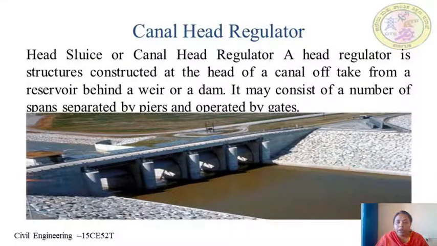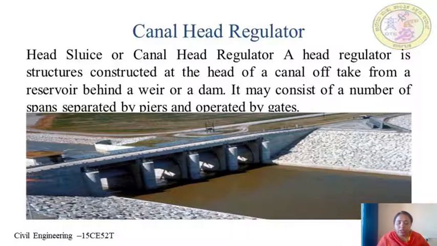A head regulator is nothing but a structure which is constructed at the head of the canal, offtake from a reservoir behind a weir or a dam. It may consist of a number of spans which are separated by piers, and it is operated by gates. It is constructed at the head of the canal from upstream of the weir or barrage.